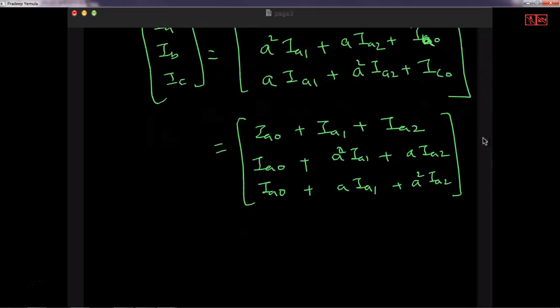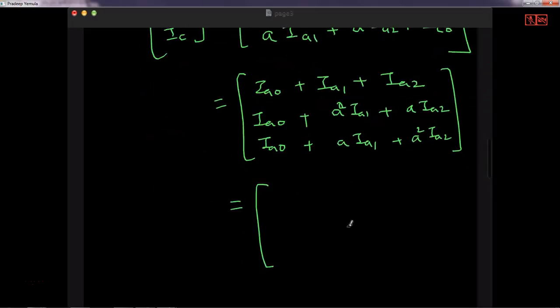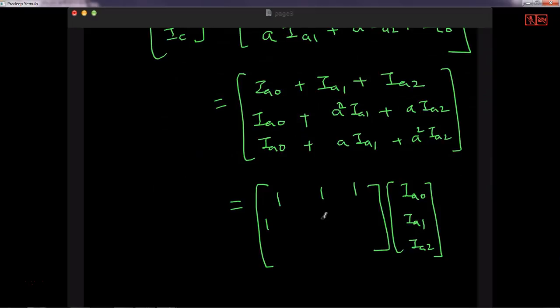So finally, if I want to write it in the form of a matrix, IA0, IA1, IA2, and the matrix is 1, 1, 1, 1, A square, A, and 1, A, A square.